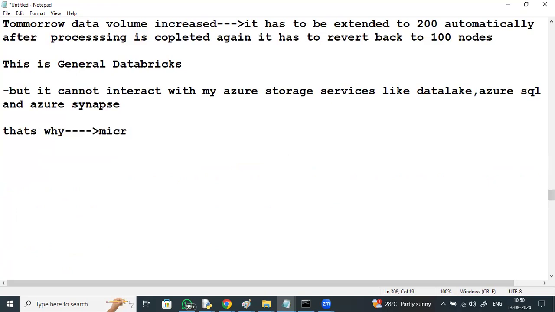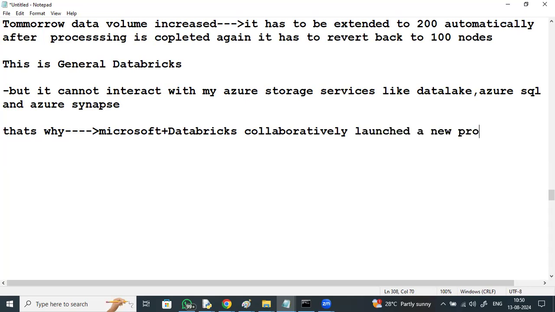Microsoft and Databricks collaboratively launched a new product called Azure Databricks.